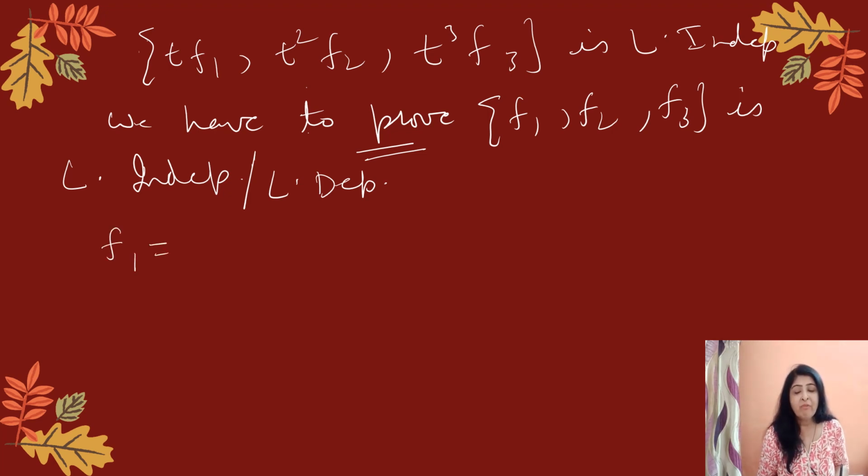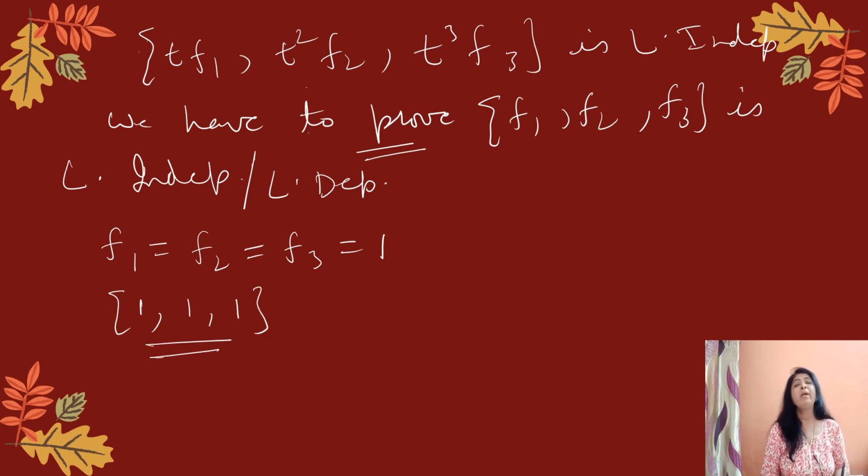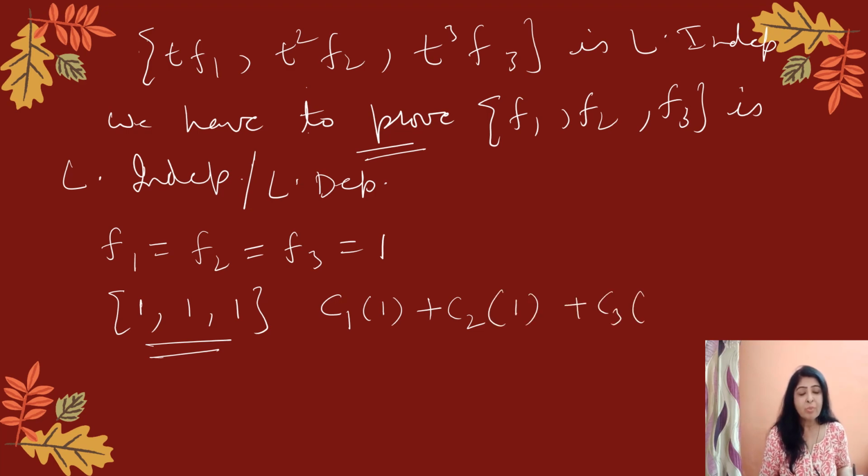So let f1, f2, f3 be equal to 1. So we have the set as 1, 1, 1. Now we have to show whether this set is linearly independent or linearly dependent. So we will just use the definition of linearly dependent and linearly independent. Clear?